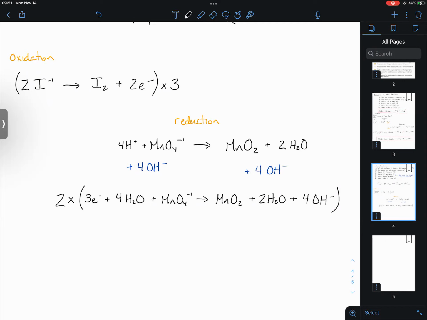Then I'm just going to make sure that the 3 distributes to everything inside my half reaction here. So when I combine, this would now be 6 iodide ions plus those 6 electrons. 2 times 4 is 8 waters, 2 permanganate ions.